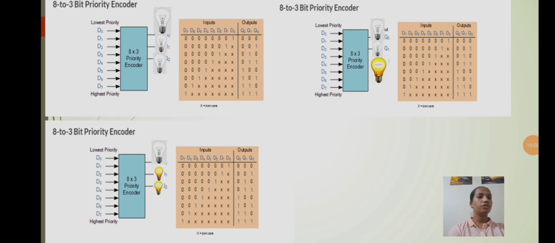It means the Q2 and Q1 bulbs are turned off and the Q0 bulb will glow. Let us give another input to verify the truth table as 00001 with the other 3 digits as don't care. The output will be 011. For that, the Q1 and Q0 bulbs will glow and the Q2 bulb will be turned off.